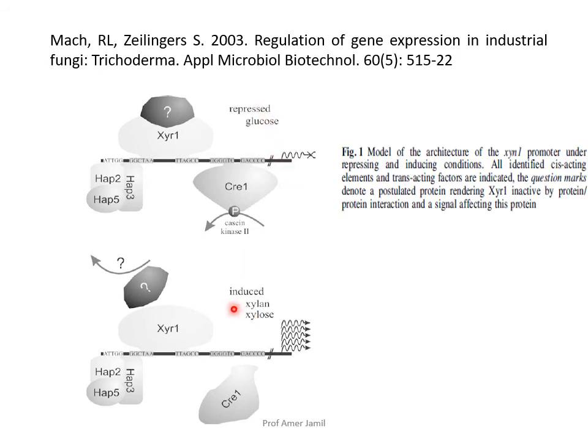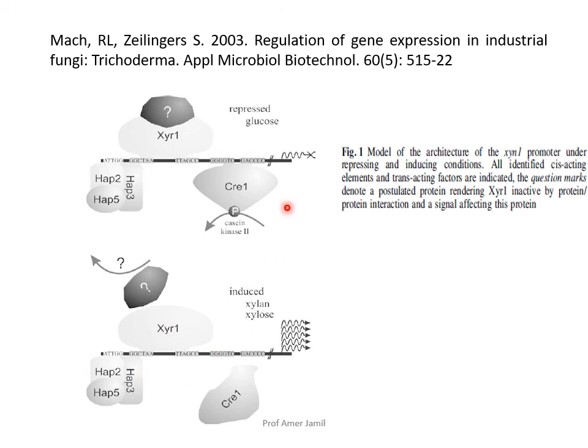But when xylan or xylose come into place, CRE1 is dephosphorylated, it is not bound here, and there is some signal which also activates XYR1, and these proteins are already there.